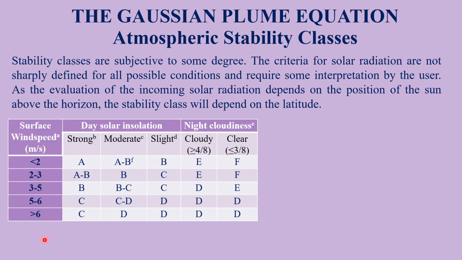Here you can see the stability class depends on wind speed and the solar insolation, that is for day, and night is for night cloudiness.